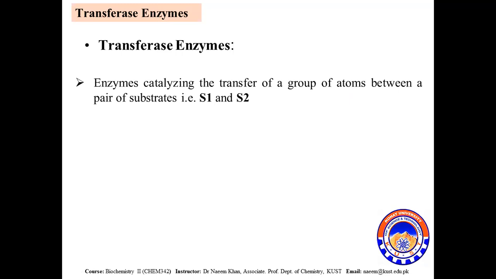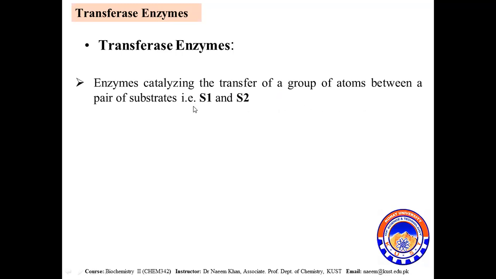We will discuss the major groups transferred by transferase enzymes one by one in the types of transferase enzymes. But one thing is clear: the transferase enzymes catalyze the transfer of a group of atoms from one substrate to another substrate.